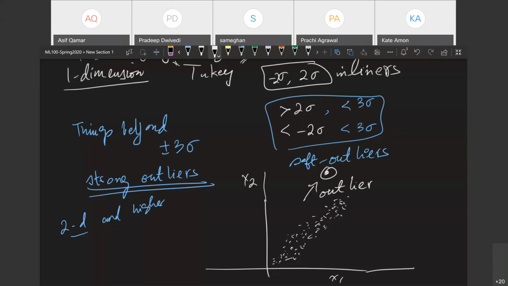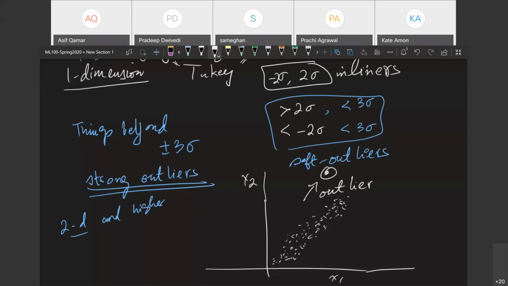That is an example of a soft outlier. The sea is responding to the winds. What would be a huge outlier? Something like a tsunami, because tsunamis are unusually high, like 30, 40, 50 feet or 100 feet high. Any tidal wave that comes and hits you would be a strong outlier.